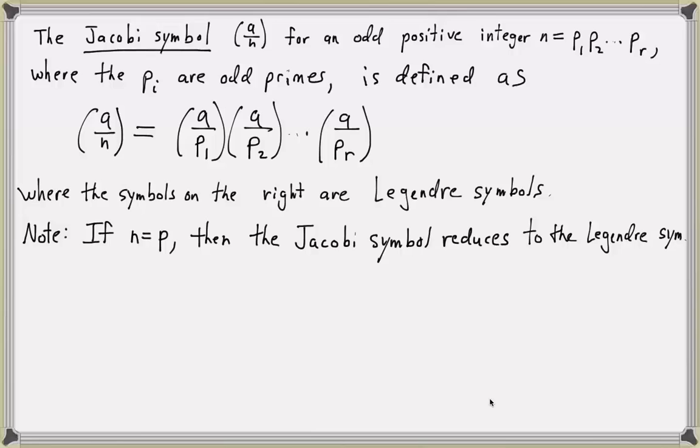Okay, so let's see an example of the Jacobi symbol. Let n be 135, which is 3 cubed times 5.